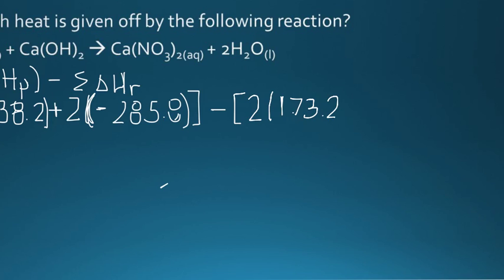We're going to add the heat of formation of the Ca(OH)2, which is negative 985.2.